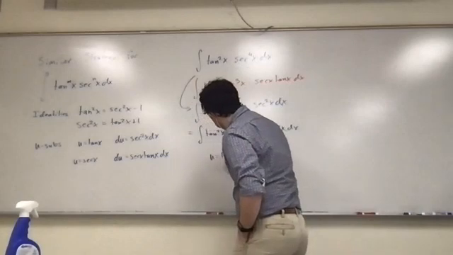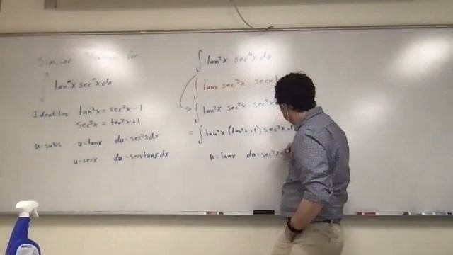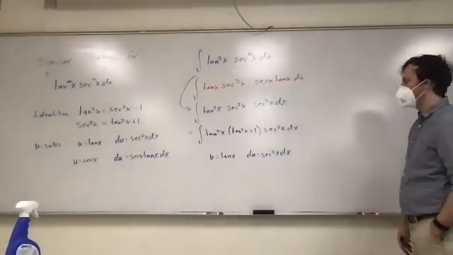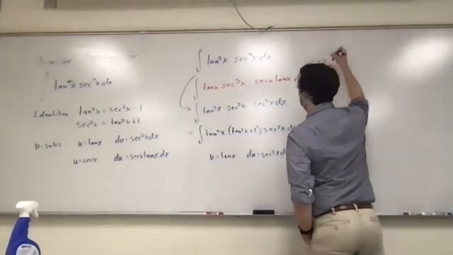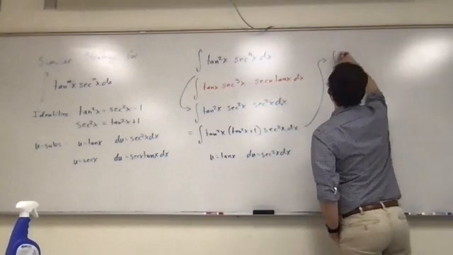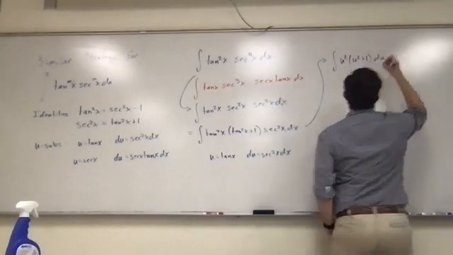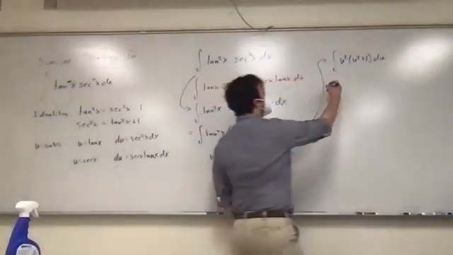U is tangent. Du is secant squared. It's all nicely set up and separated. In this case, we don't even have any constants to deal with, or a negative sign to move around. So we get the integral of u squared plus 1 du, another polynomial after we multiply it out.